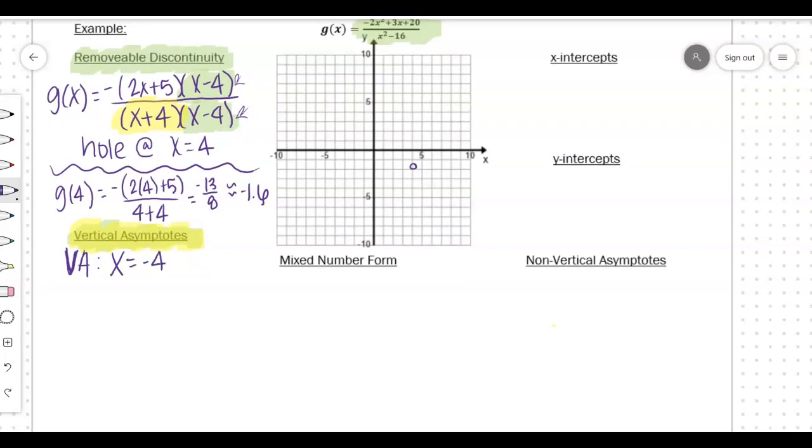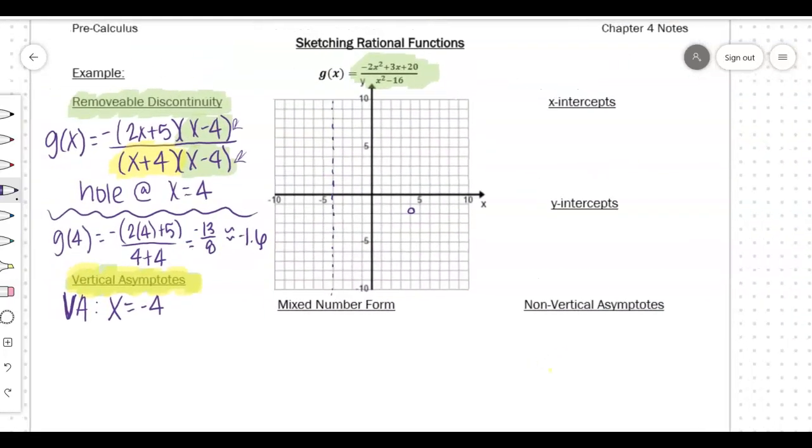So that's something we can draw in right away. I know that our graph is going to hop over this asymptote and also have to hop over that hole. So we have our discontinuities taken care of, but still there's a lot to this graph that we need to know before we can make a sketch that we feel confident about.